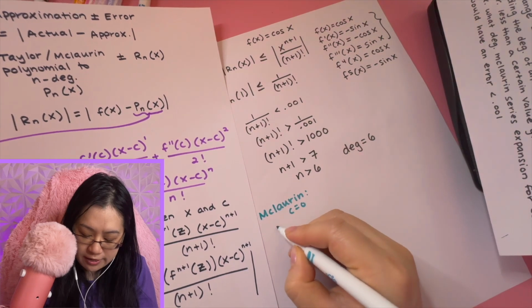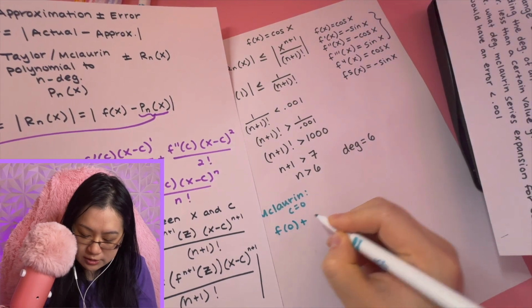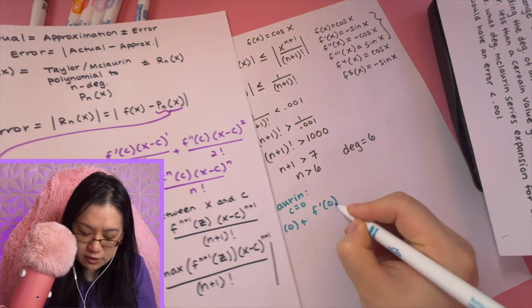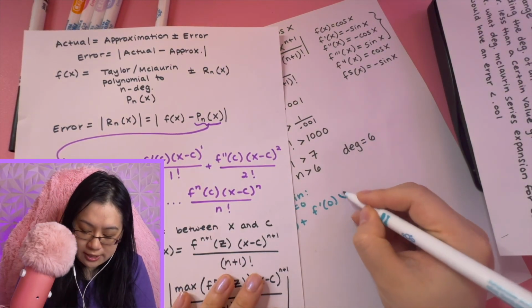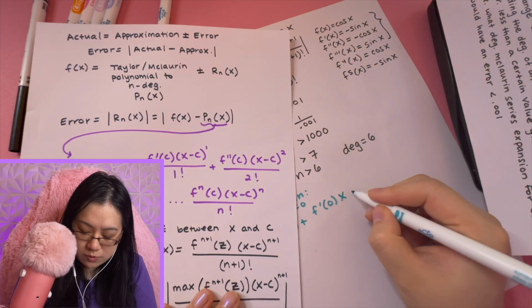So we're doing f of 0 plus f prime of 0 times x minus 0, which is just x raised to the first power, is just x, over 1 factorial, which is just 1.